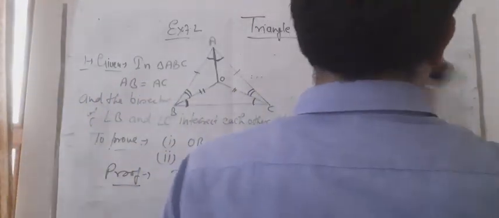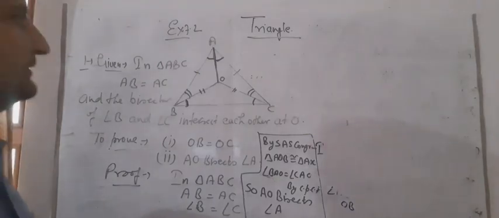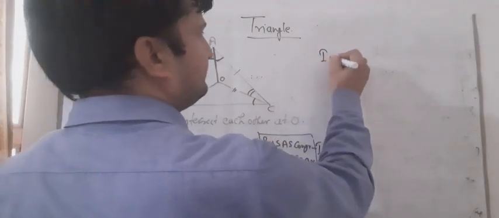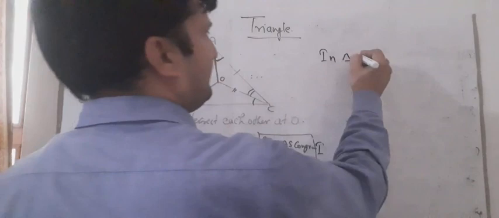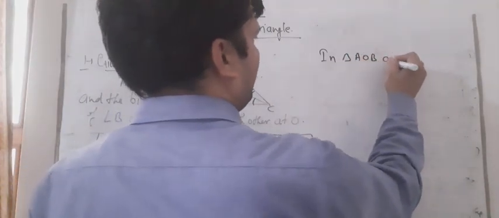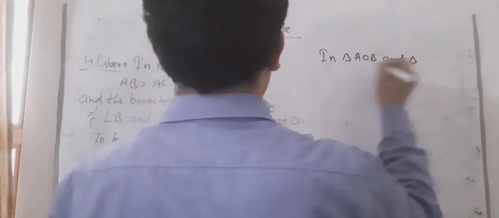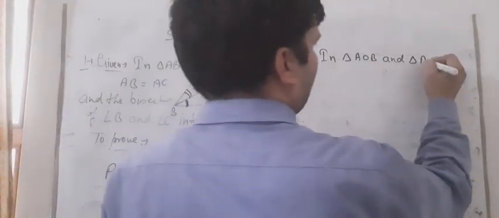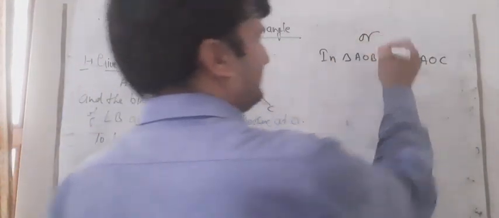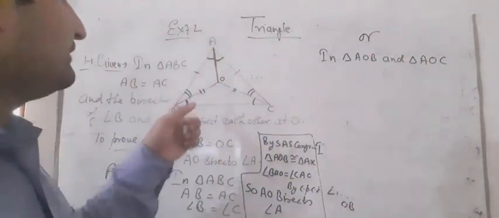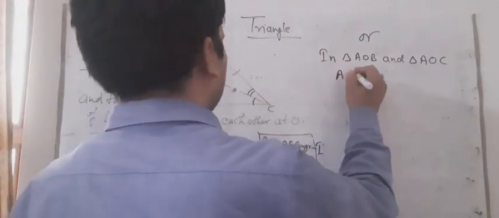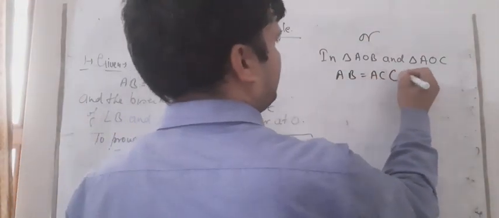If I show you this the other way, students, we can say that in triangle AOB and triangle AOC, you can write it like this. It is given that AB is equal to AC.